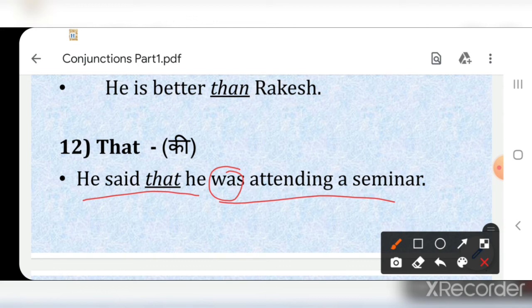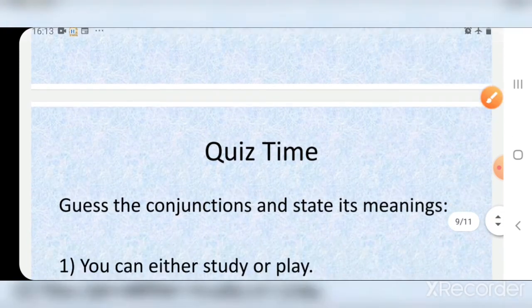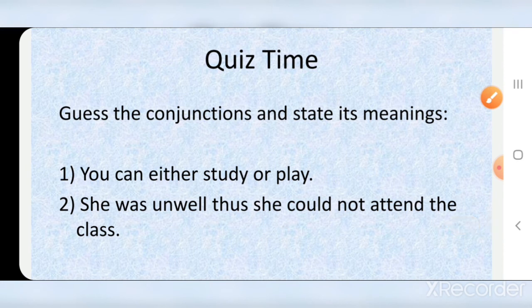Now next one is quiz time. Okay, so here guess the conjunctions and state its meanings. Now you can pause the video, read the sentences, and try to guess conjunctions and just test yourself whether you remember meanings or not.